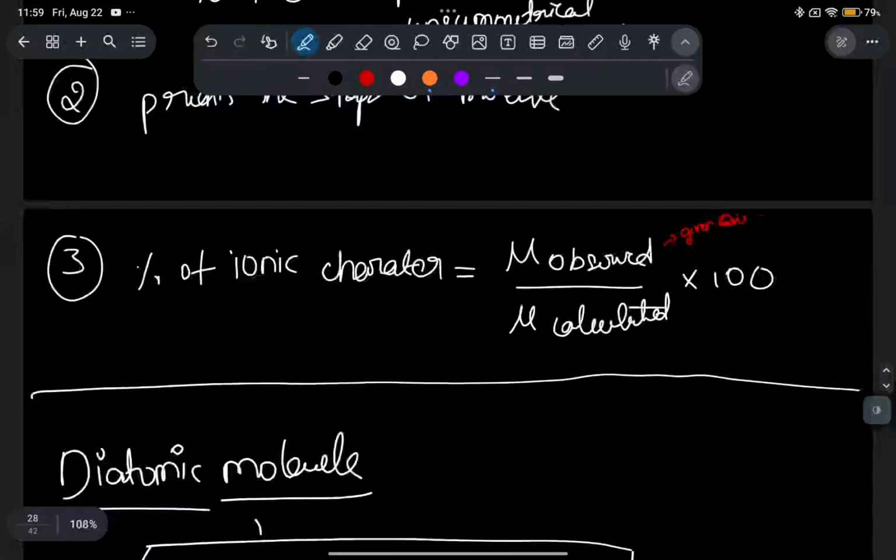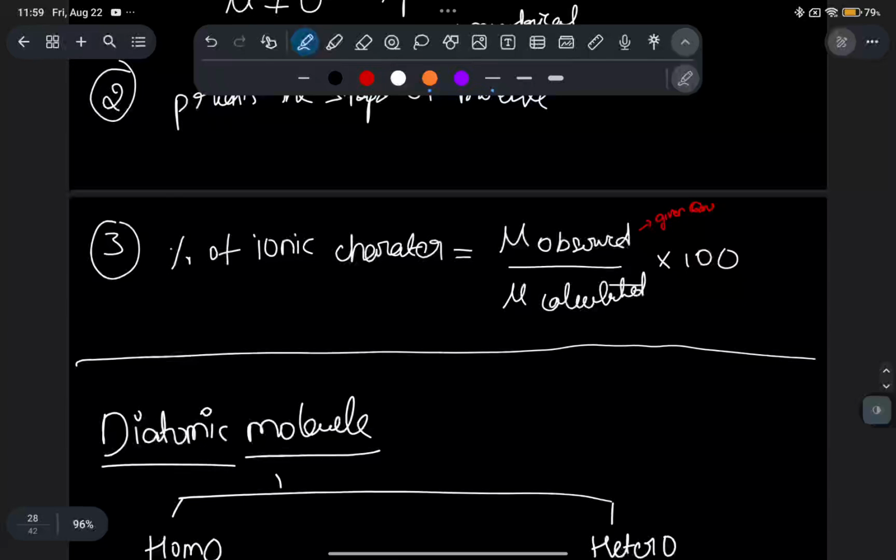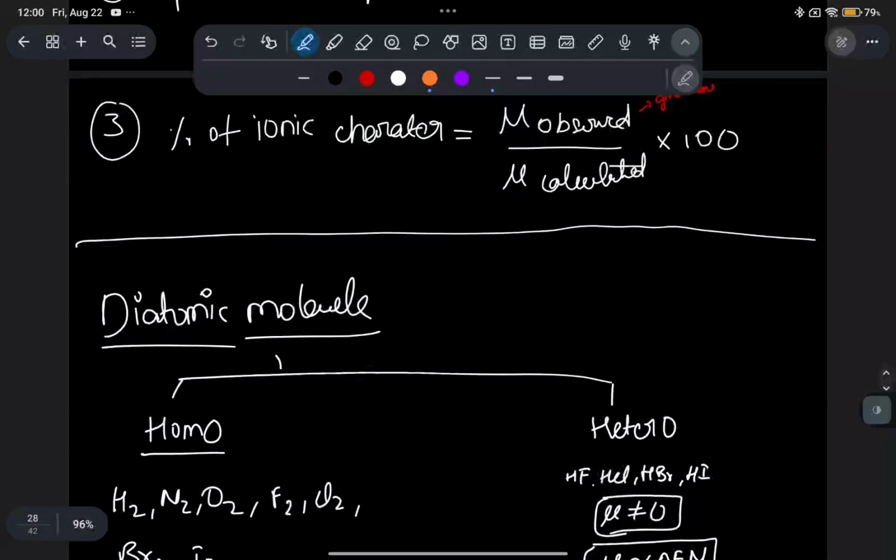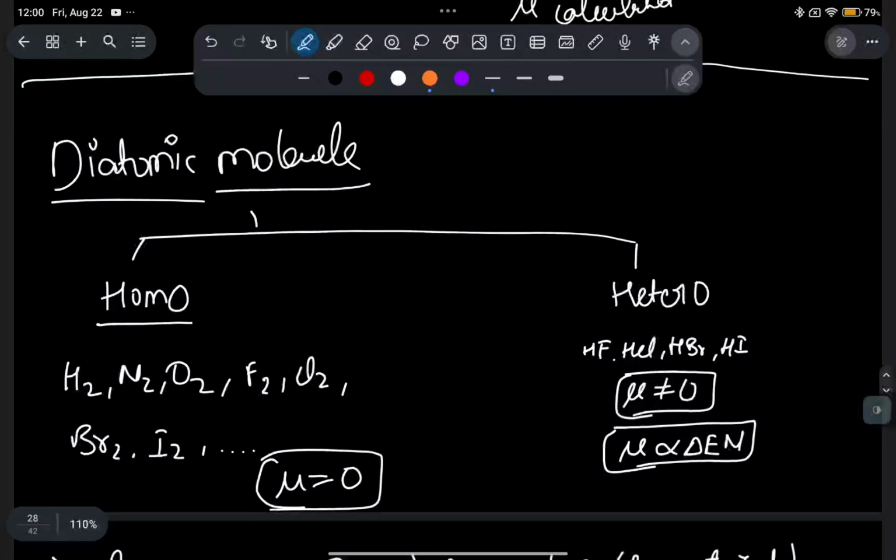It helps predict the shape of the molecule and tells the ionic percentage of character. In the question they will give the mu observed value, and you should calculate the mu calculated using the dipole moment formula, charge into distance, and then calculate the percentage ionic character present in that molecule.